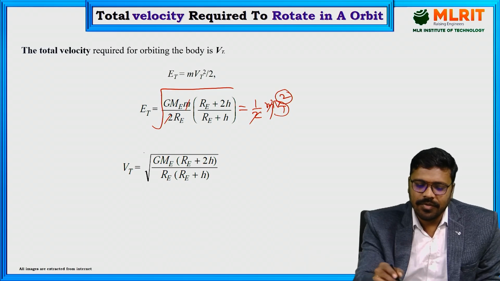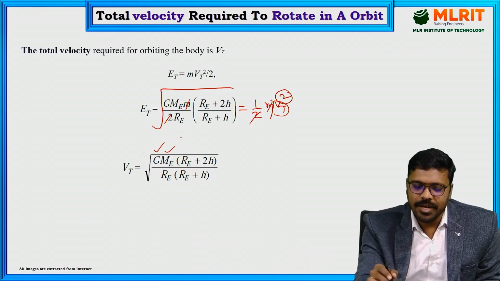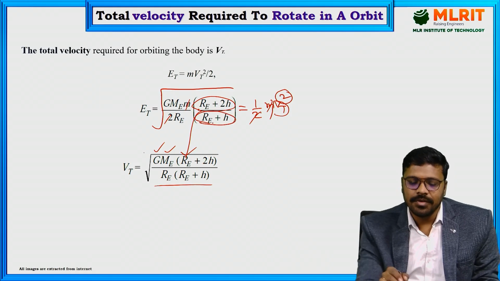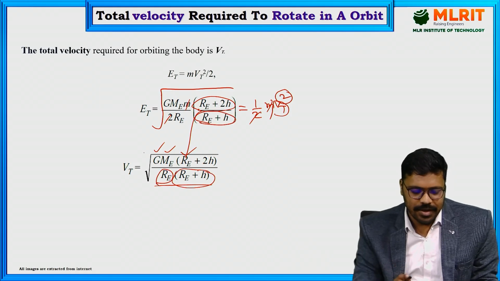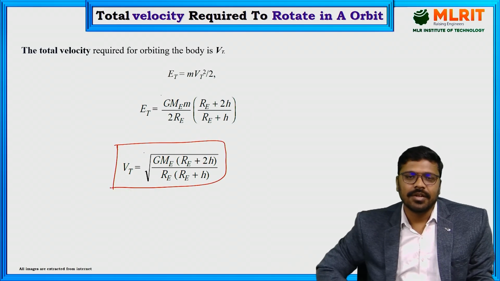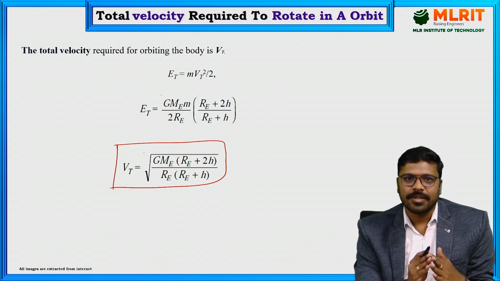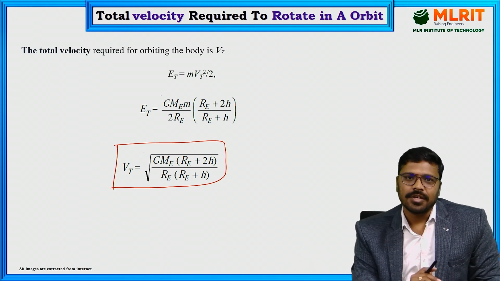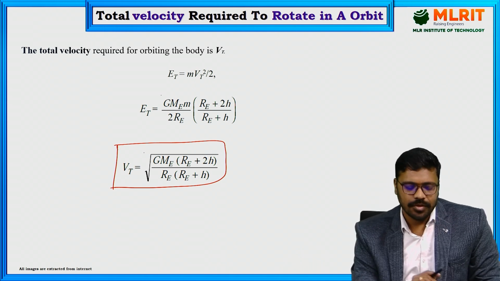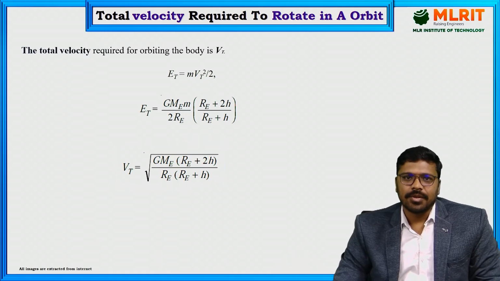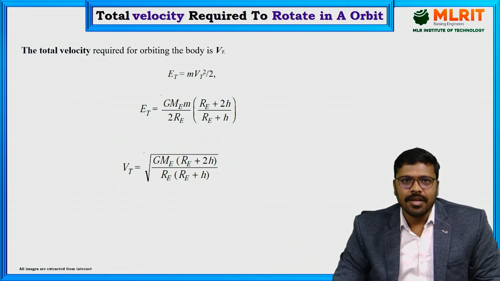So the total velocity required is under root of G Me into (Re + 2h) by Re into (Re + h). So this is the equation for the total velocity to be provided for the body to reach the orbit and rotate in the orbit with orbital velocity. So this is about the energy requirements for the body to reach the orbit and to rotate in the orbit.